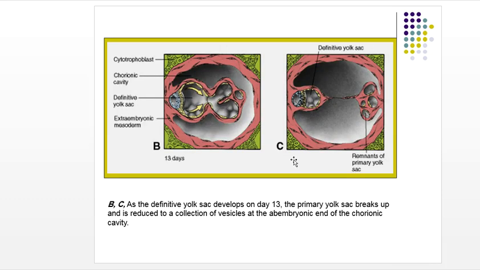As a result, the former or primitive yolk sac is pushed into the chorionic cavity, making a temporary and transient structure named the primitive yolk sac cyst or chorionic cyst, and gradually this cyst disappears. As a result of the formation of the secondary yolk sac, the chorionic cavity becomes larger because the definitive yolk sac is smaller than the primary yolk sac.